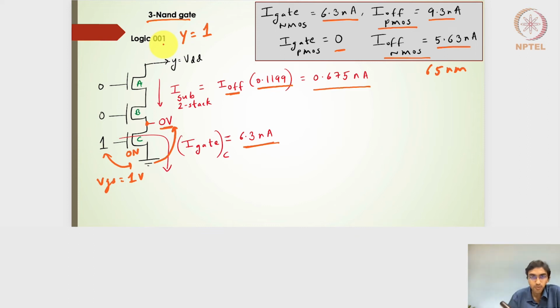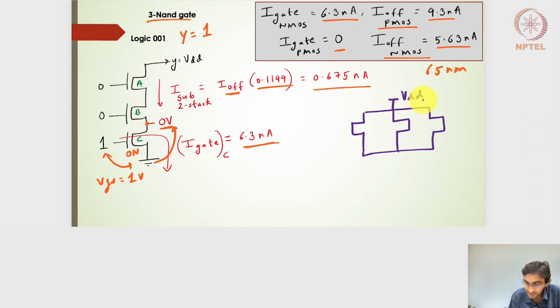Now, if I look into the pull-up side of this 3-input NAND gate, I will have 3 parallel PMOS transistors. Let me draw that as well and see whether there are any leakage currents. On one side it is VDD, and on the other side also it is VDD, because this is a PMOS or the pull-up side.